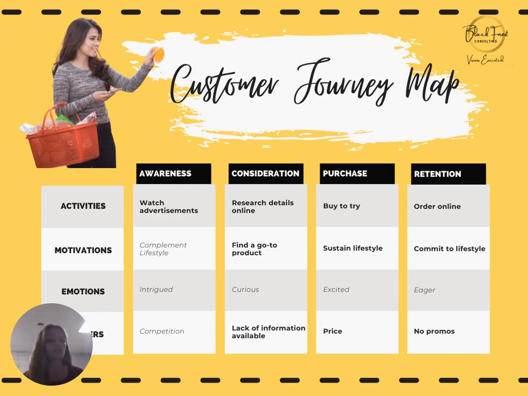She's looking through social media, referrals, ads, and other sources. Then she's getting down to evaluating those different vendors. Okay, do they have the type of phone I want? Does it have the capabilities that I need it to have?